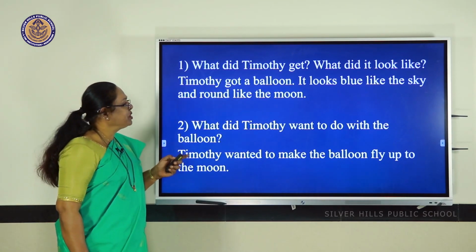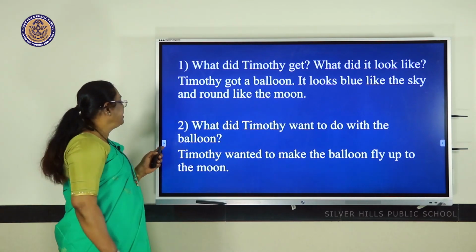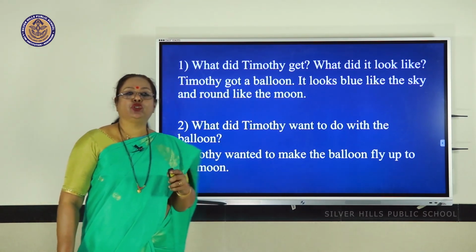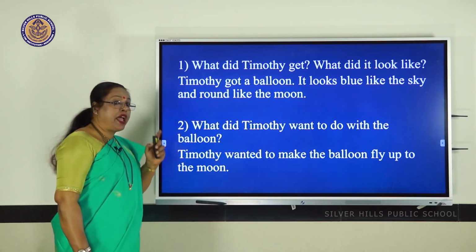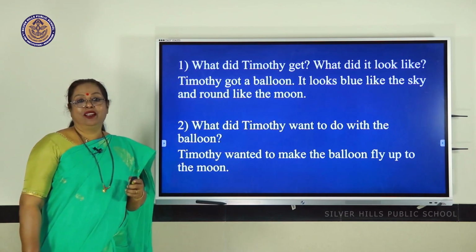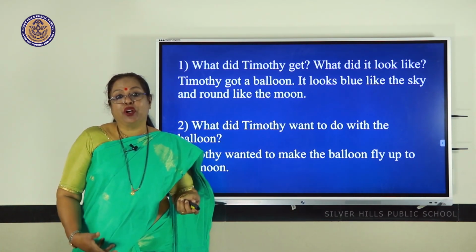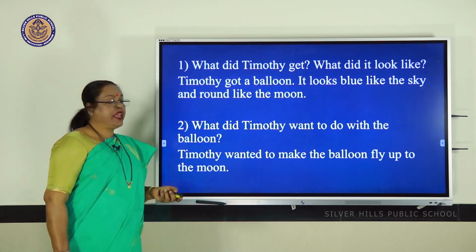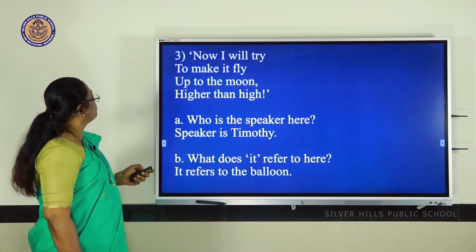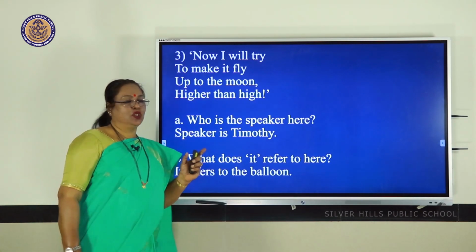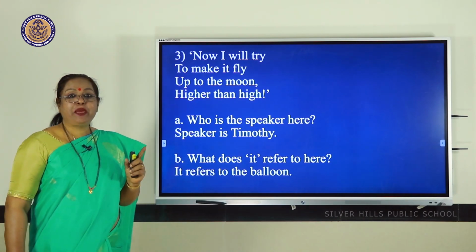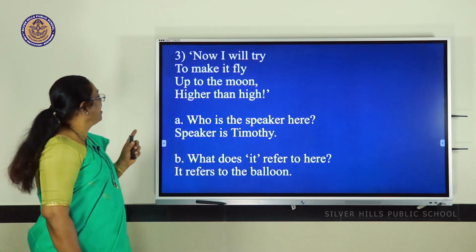Now what did Timothy want to do with the balloon? Timothy wanted to make the balloon fly up to the moon. Now see these quotes. This is very important. Pay attention here.